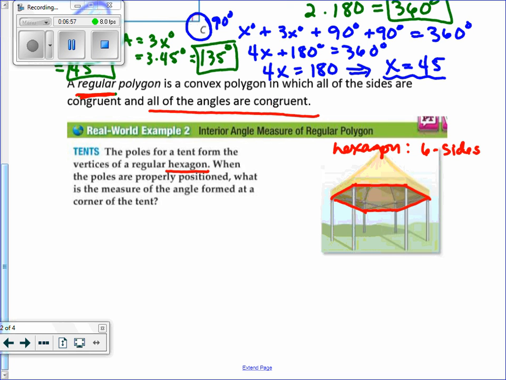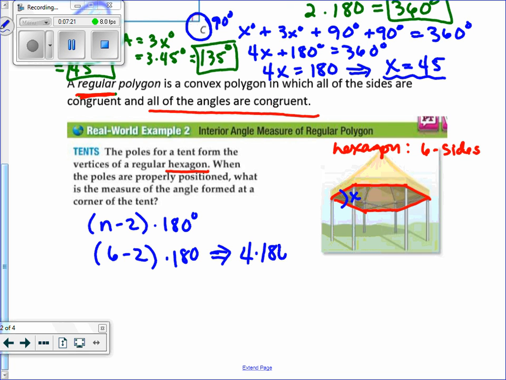So we just want one of these angles. We can call that x. We don't know what one of them is, but we can do the sum. So let's start with that. That's the formula that we have. We have 6 sides, so that's 4 times 180, which would be 720 degrees.